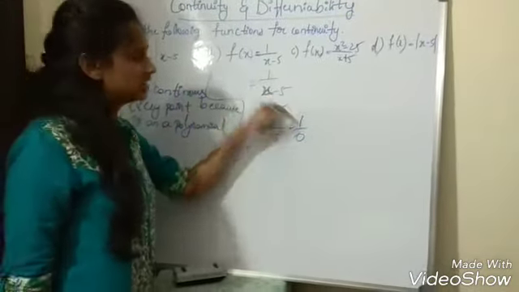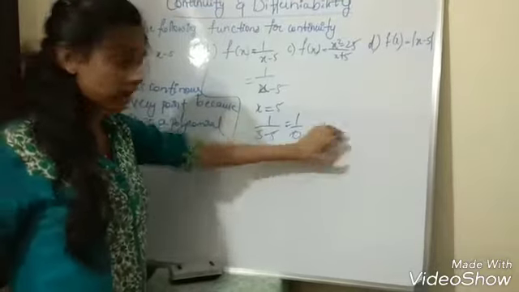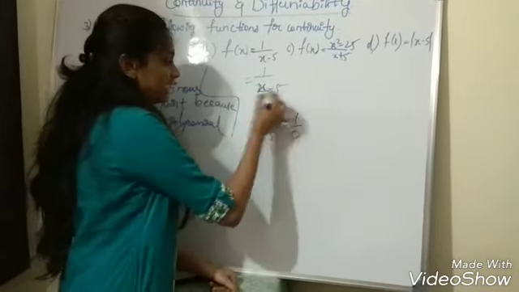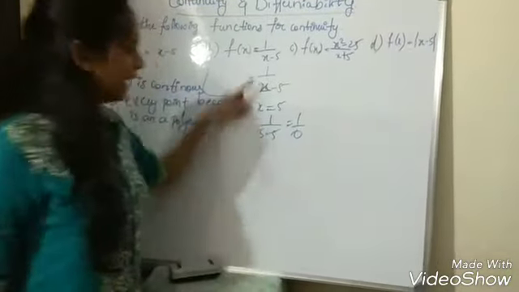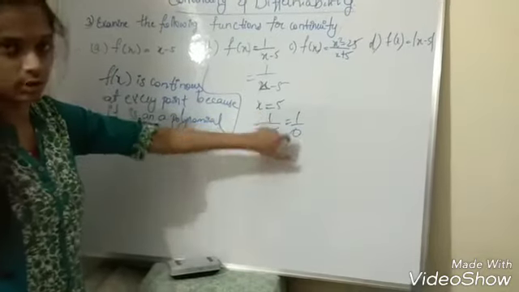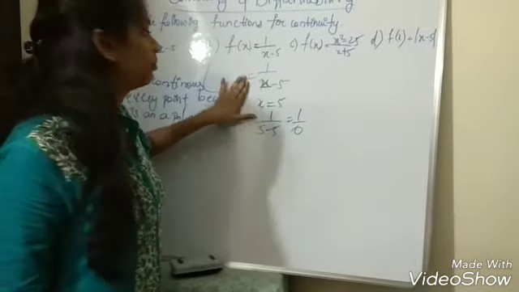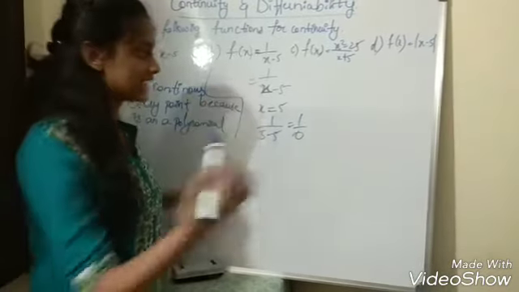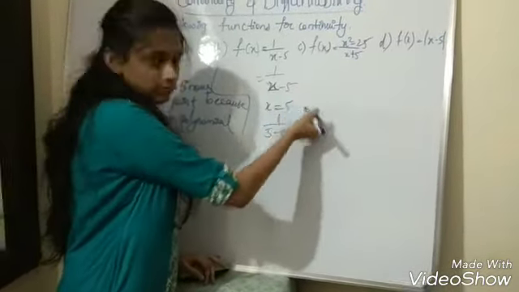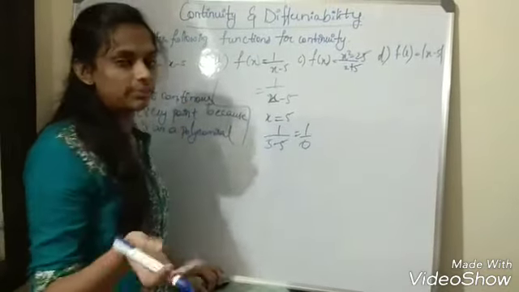So it is continuous at every point except where the value of x is equal to 5. Except x equal to 5, if you put any other value, this function will be continuous.